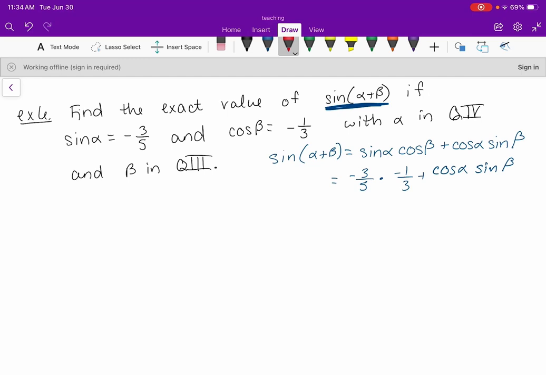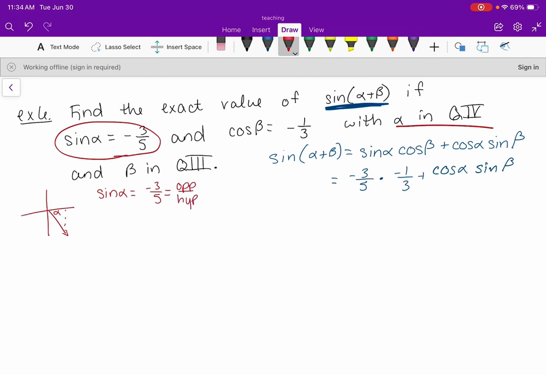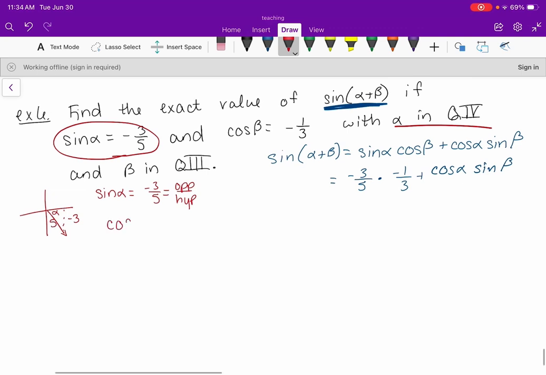So for my alpha stuff, it says that alpha is in quadrant 4. Remember, it should touch the x-axis. And if sine of alpha is negative 3 over 5, sine is opposite over hypotenuse. This means my opposite side is negative 3, my hypotenuse is 5. If I want cosine of alpha, I need adjacent over hypotenuse.